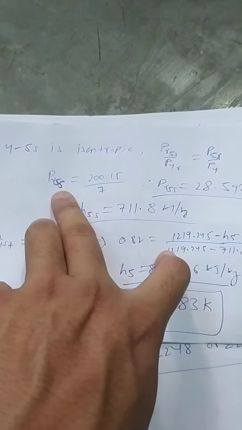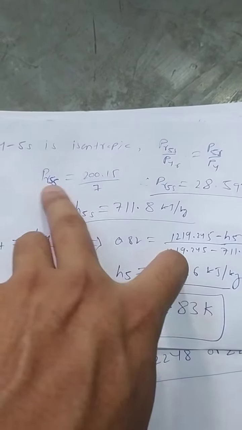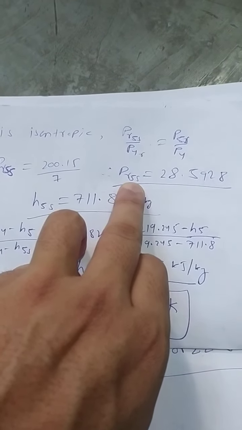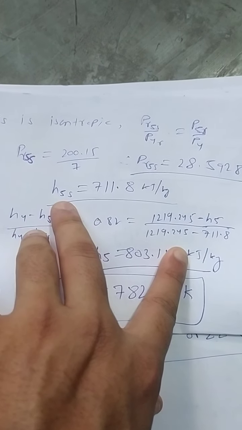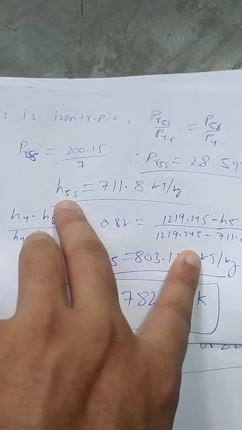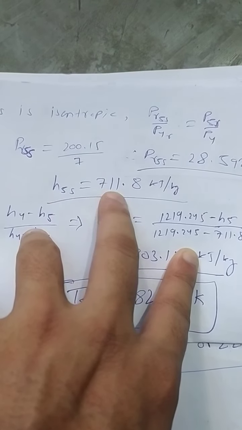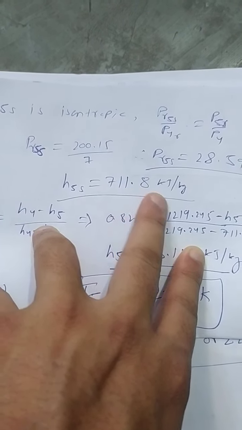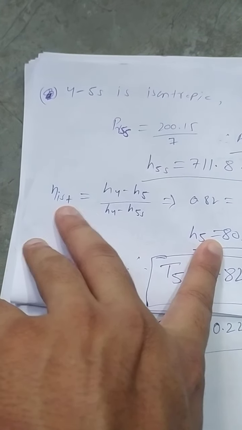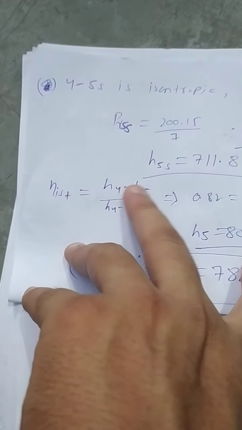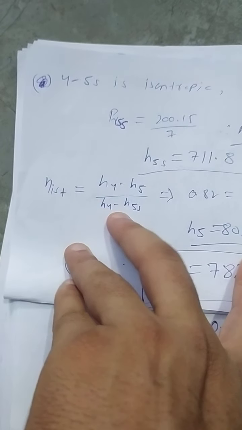Putting all the values in, we get relative pressure at 5s as 28.5928. Now by doing interpolation on the table, specific enthalpy at 5s is 711.8 kJ per kg.